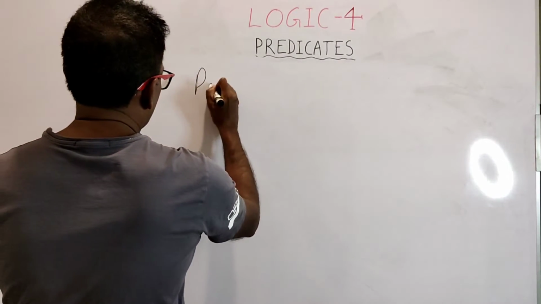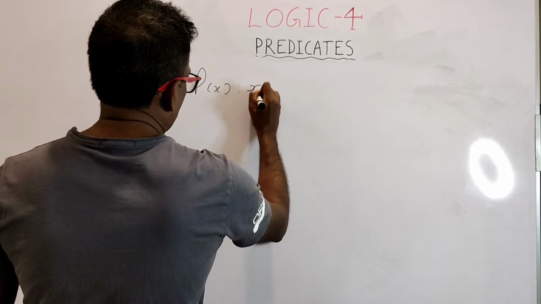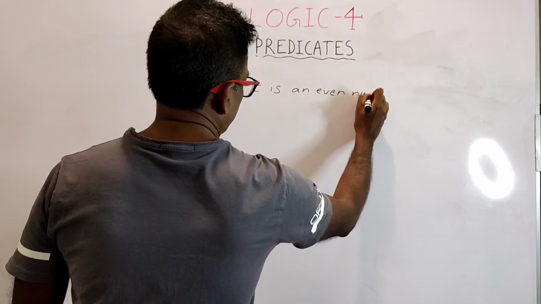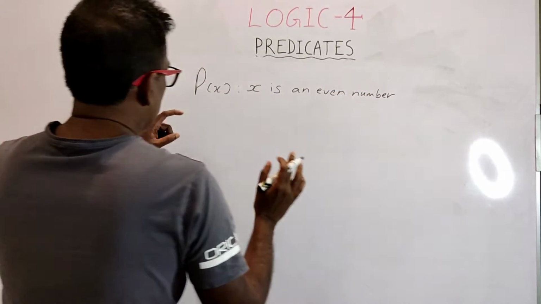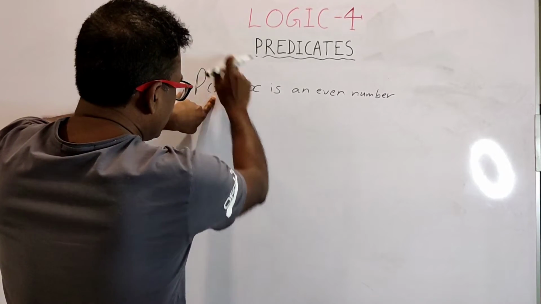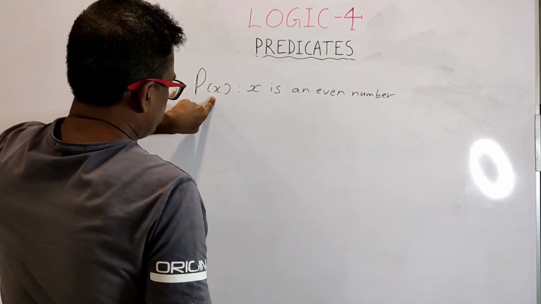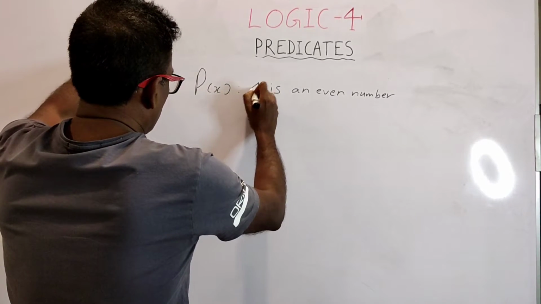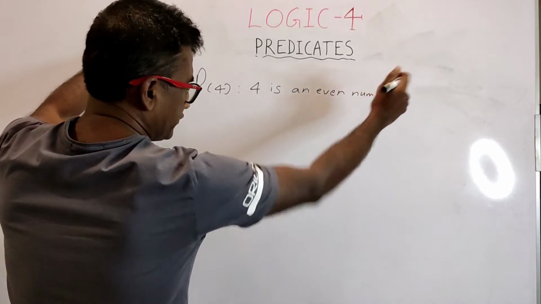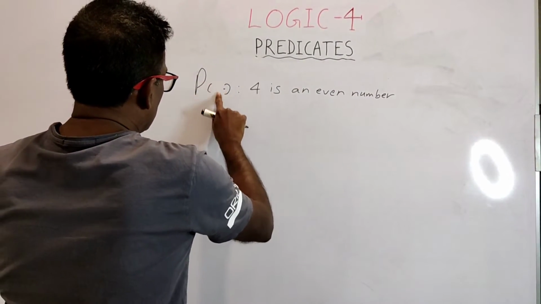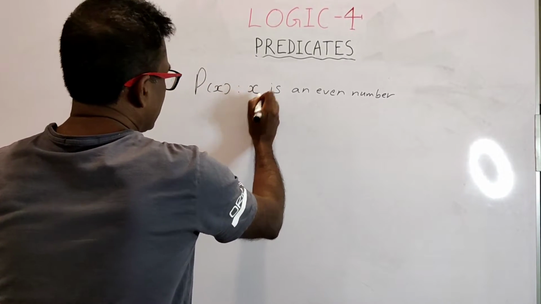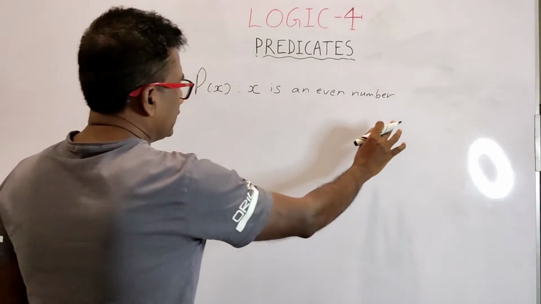Let P of x be x is an even number. Now we know that any even number that replaces x would make this a true proposition. Let's say if we replace it with 4, then P of 4 stands for 4 is an even number, which is a true proposition.